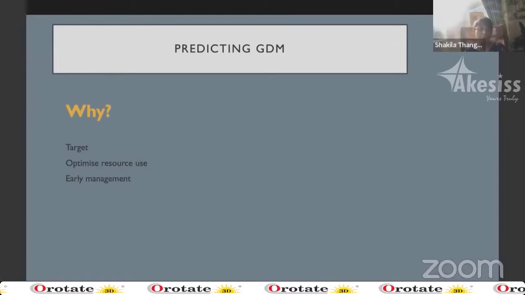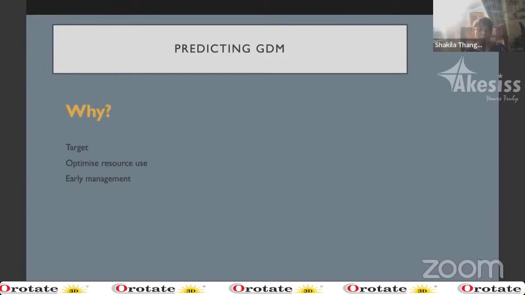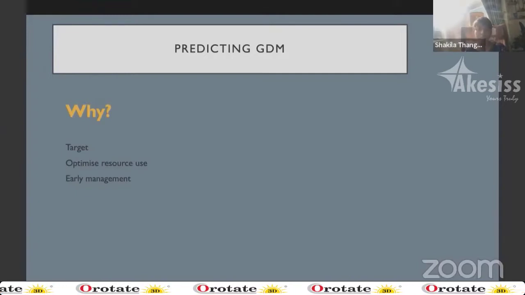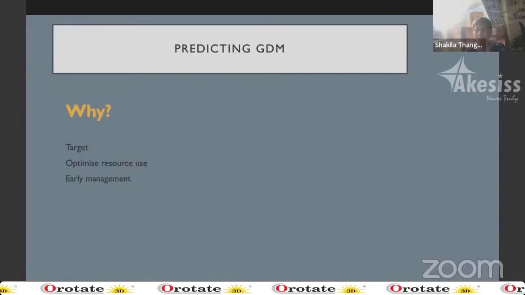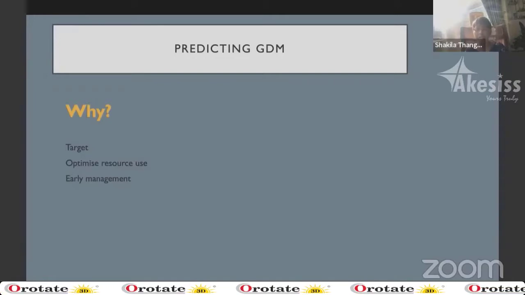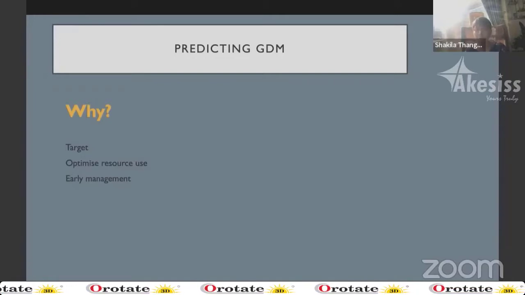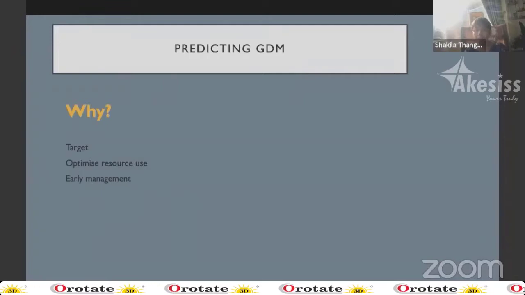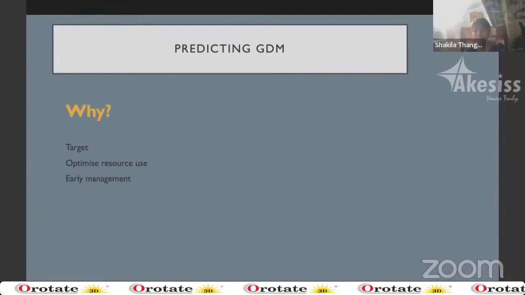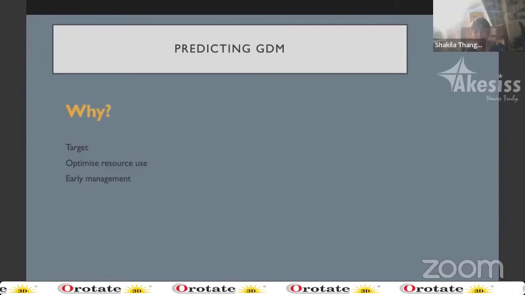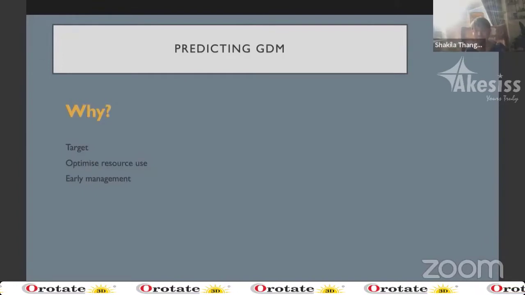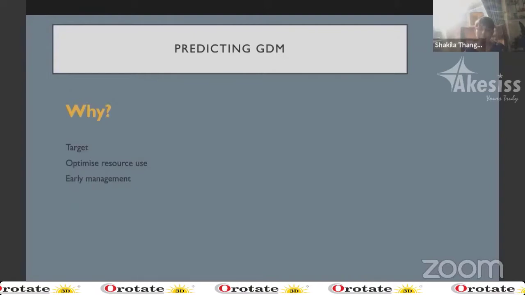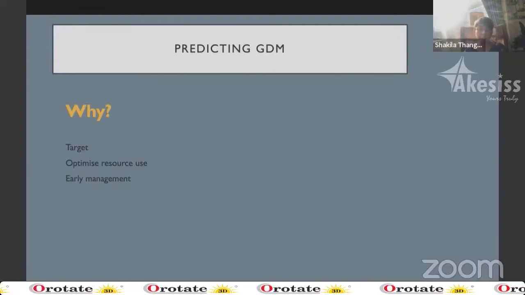We also do have a large number of women with predisposing characteristics for GDM. And we really want to provide this targeted care to these groups. So with the rapid rise in the prevalence of the condition, we have to optimize the use of the resources as well as manage as early as possible to prevent not just GDM, but also its complications.